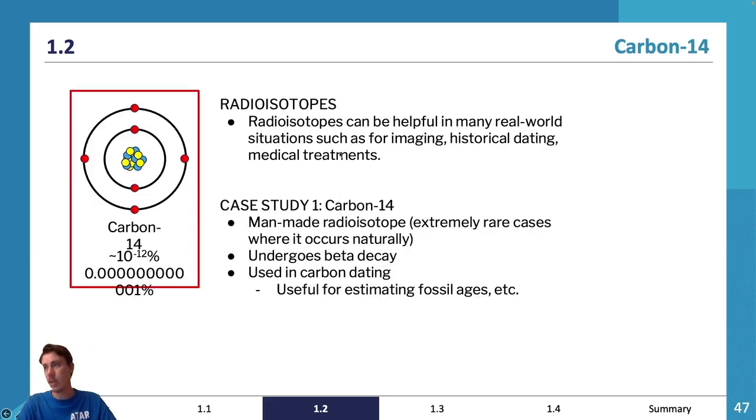So, radioisotopes, we've already discussed this. They can be helpful in many real-world situations, such as imaging, historical dating, medical treatments, etc. The reason they're really useful in historical dating is because we understand that they have half-lives. The half-life of a lot of radioisotopes is really long. We're talking tens of thousands of years.